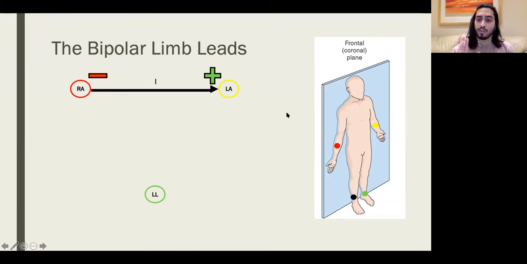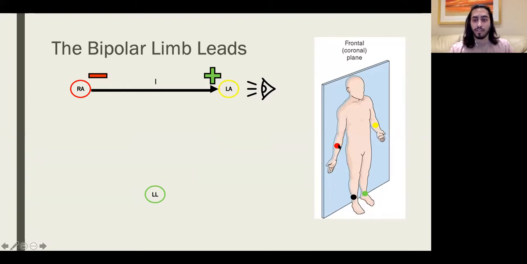Now, it's really important to know, when you're looking at the leads, what viewpoint I'm talking about. Your eye is always going to be where the positive electrode is, every time. And when I say your eye is going to be there, that means that is the part of the heart that you're going to be looking at when you look at the lead 1 strip on the ECG. So what do I mean by that?